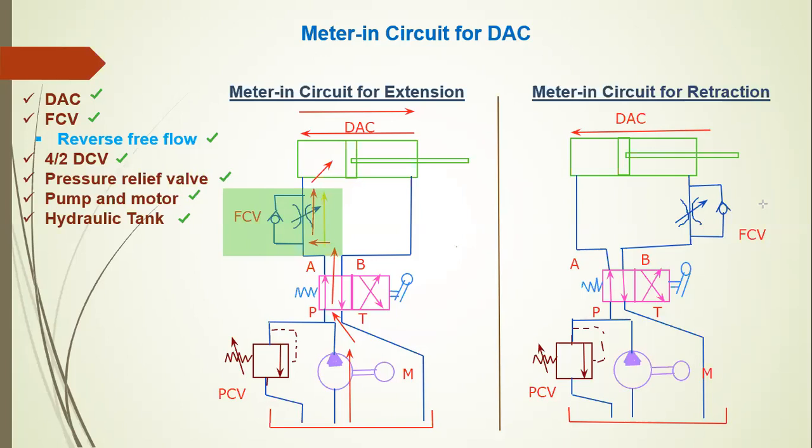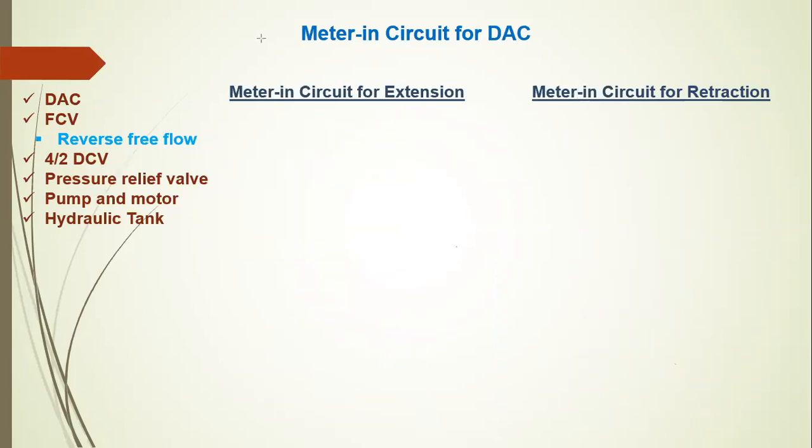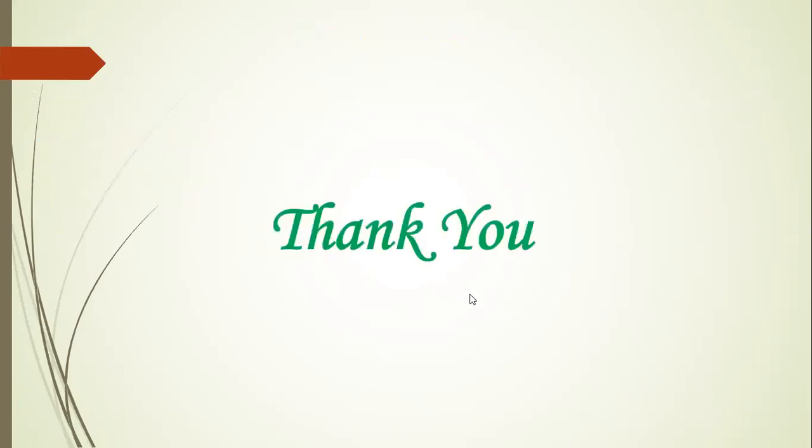We can attach the FCV on both sides in a single circuit, for the two different movements: first forward, second reverse. We can also add them separately, or combine them and continue drawing. This is the speed control circuit for the meter in circuit for extension and the meter in circuit for retraction. Okay, thank you.